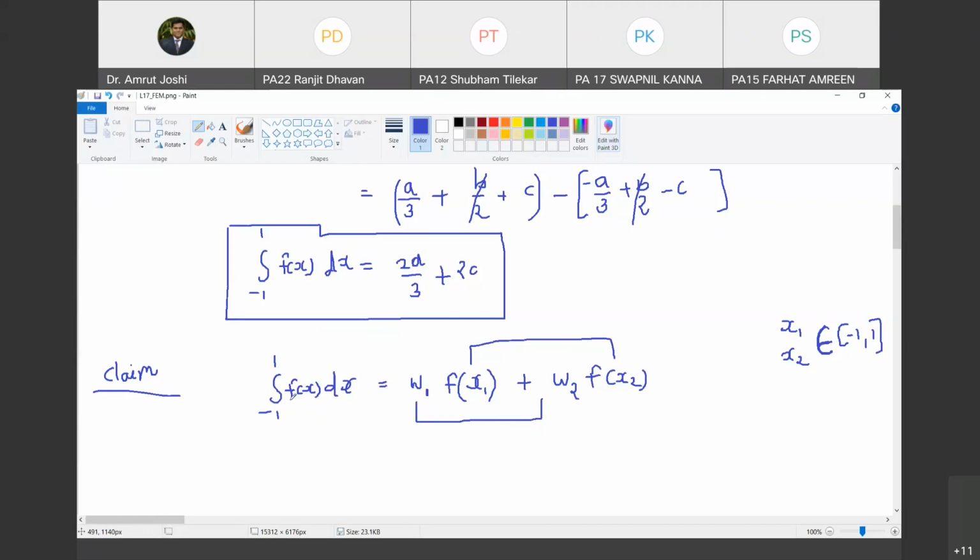Pay attention here: W1 and W2 are scalar numbers, and f of x1 and f of x2 are the values of this function at 2 points in the domain x equal to -1 to 1. Are you with me? Yes, sir. So instead of using integration formulae, I will just evaluate the function at 2 points, multiply by the corresponding weights and add them, and I will get the exact integration. Isn't it easier than remembering the formulae and doing those complicated integrations? Do you agree with me?